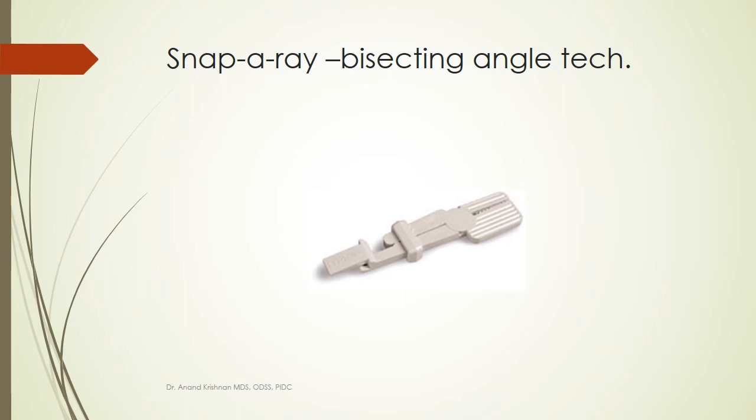You place the film on this device and put it inside the patient's mouth, and the patient bites on the flat surface of this device. The film is held and positioned securely, so the patient does not have to use their finger to hold the film, and any exposure to the hand is prevented. So this device can be used.